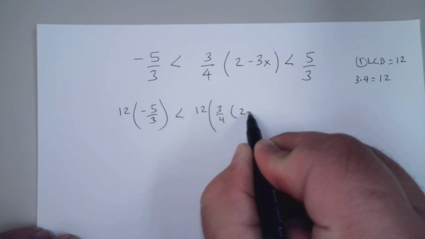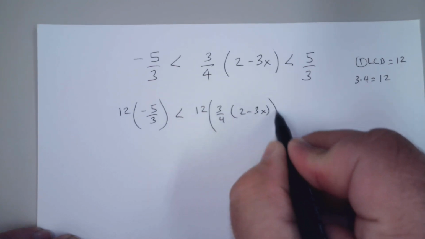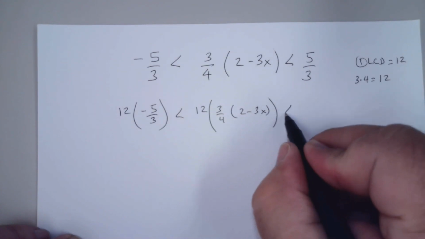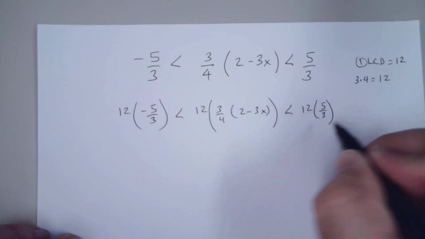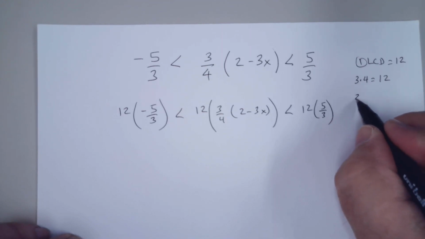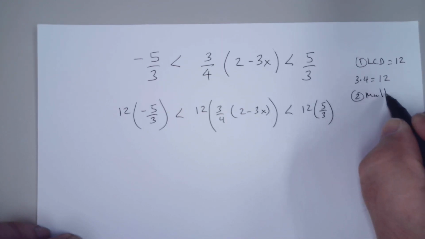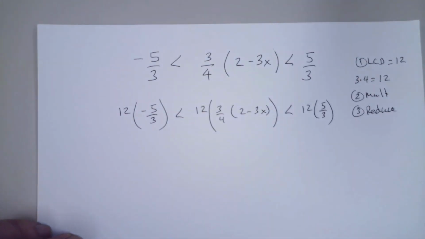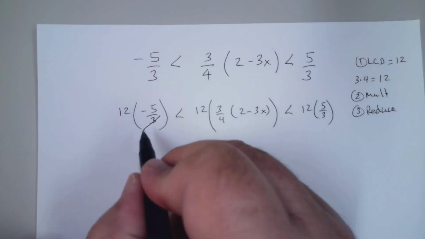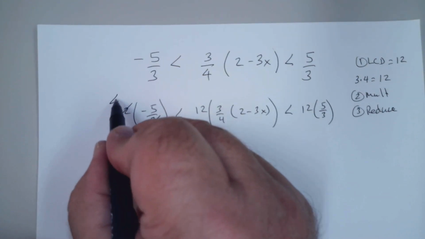This is one big equation in here. And then the last one. Let's multiply. Step 3 is reduce. 3 goes into 12 4 times.